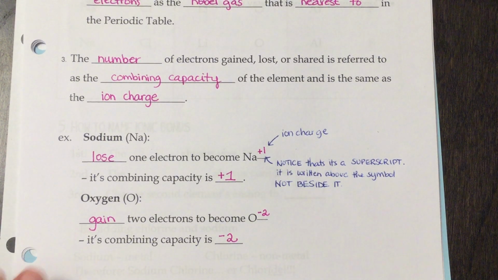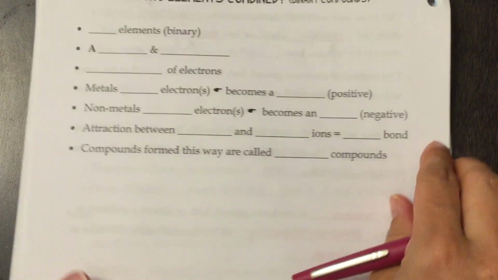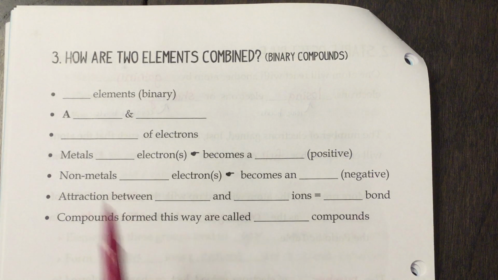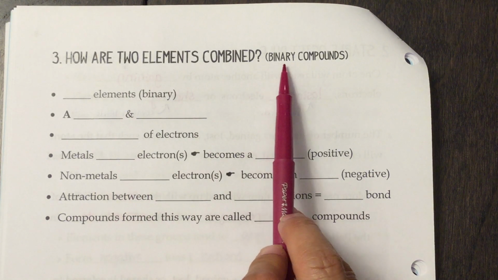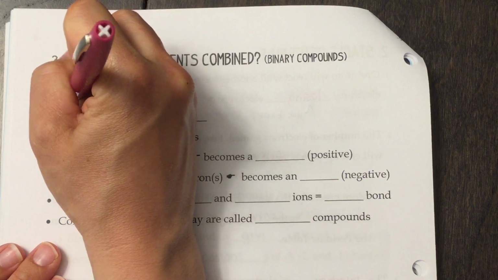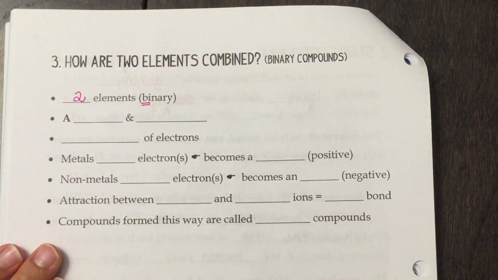Okay, turn the page. How are 2 elements combined? Also called binary compounds. We're always dealing with 2 elements. That's what the bi in binary means.